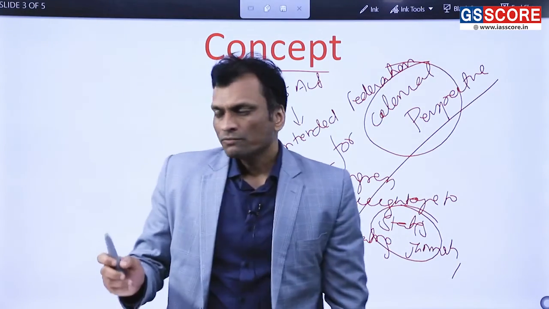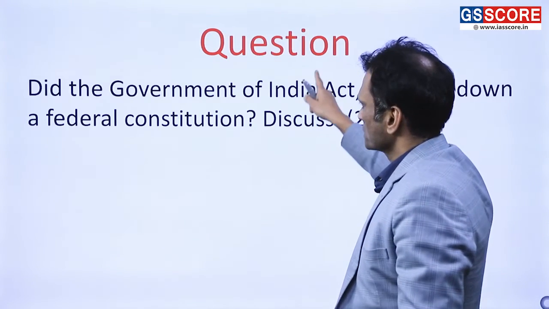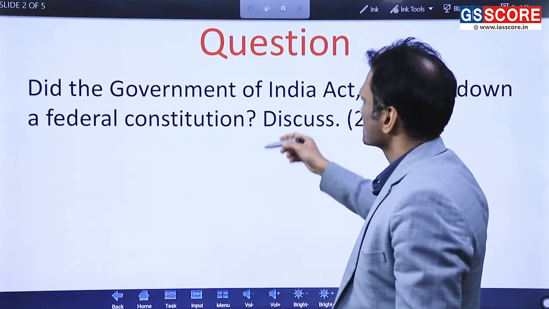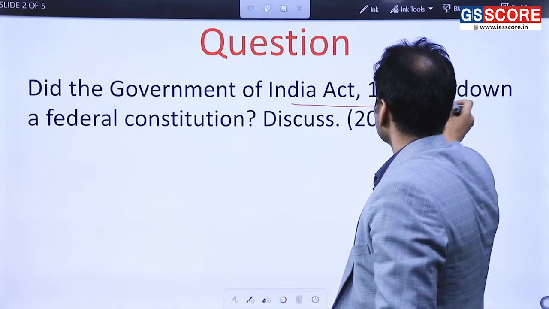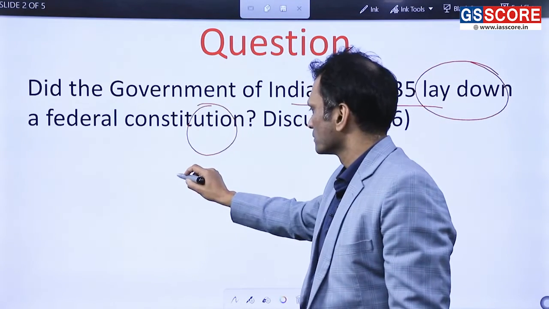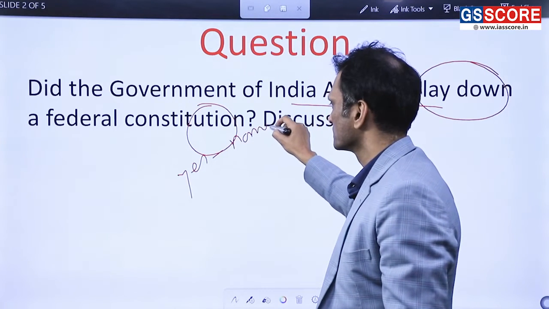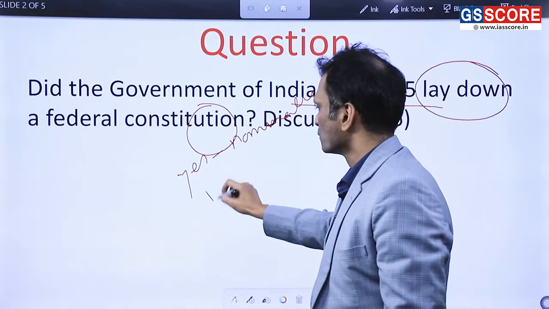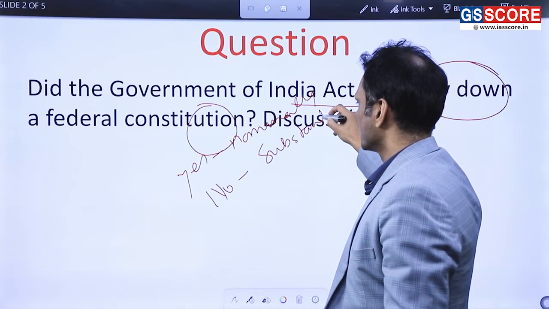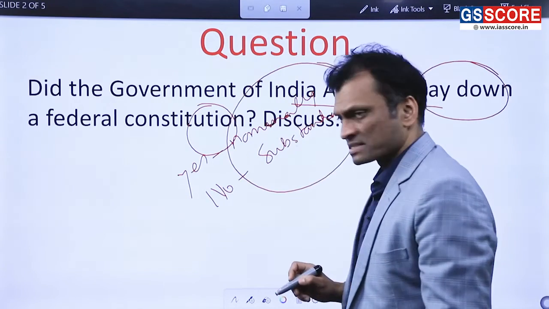Now let's take the basic question again after discussion. Did the Government of India Act lay down a federal constitution? Our answer is yes, nominally, no, substantially. And this is how you have to answer.